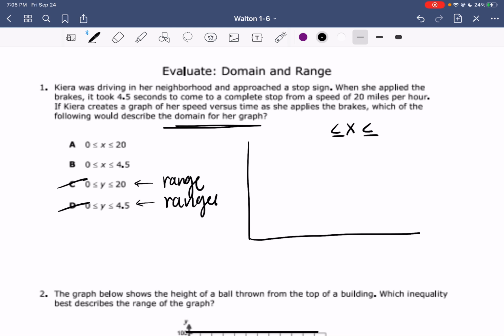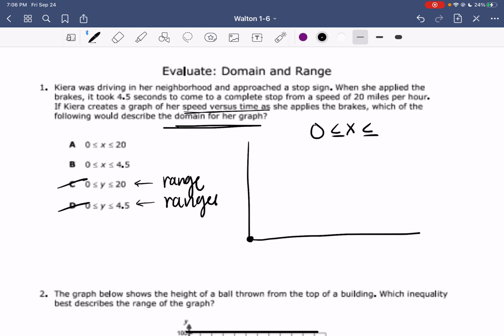and we just need to figure out, even from our answer choices, that 0 is going to be our least x value, because obviously she started, and then she needs to stop. So we're looking for speed versus time. We know that she starts at 0, so 0 is going to be the least value. And because of her speed versus time, it took her how many seconds?